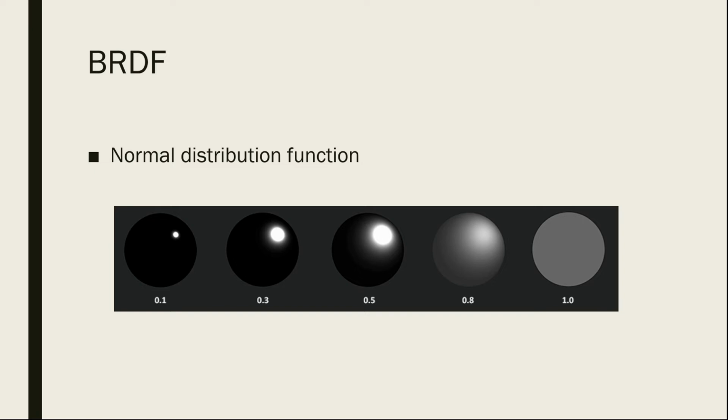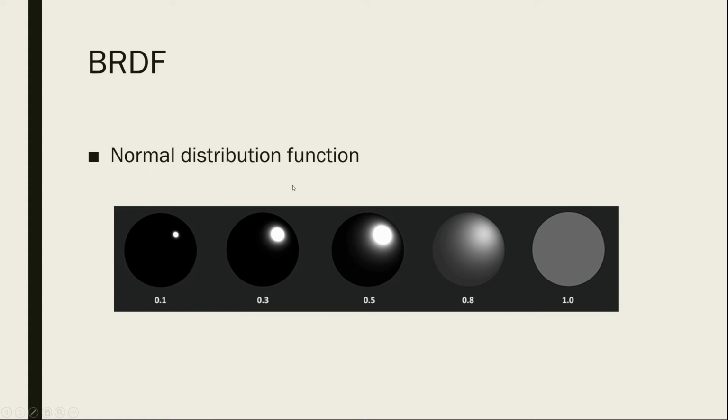The normal distribution function approximates the relative area of the microfacets that align exactly with the halfway vector, the microfacet model that I talked about in the beginning. When the roughness is low, highly concentrated microfacets align with the halfway vector, so it makes a concentrated and very bright spot.